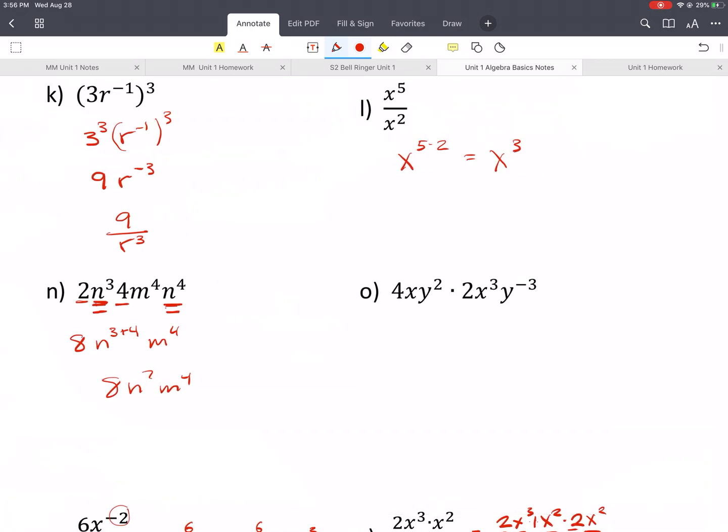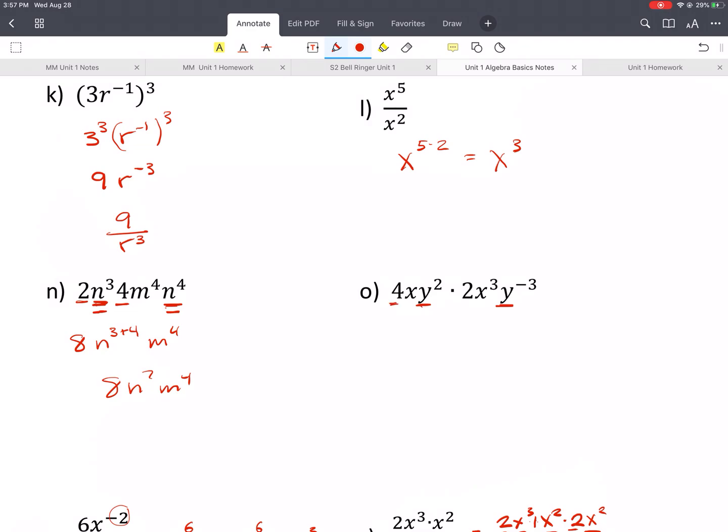So with many of these problems, you can do them differently. So for example, you could bring this to the bottom and change its sign first, okay? Or we could realize that we're also multiplying the same base, so we can add their exponents. So here we could do it that way.